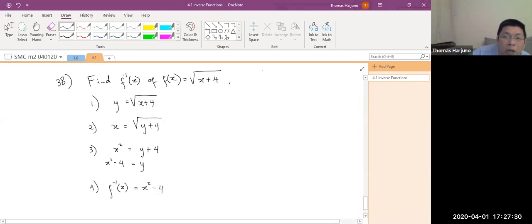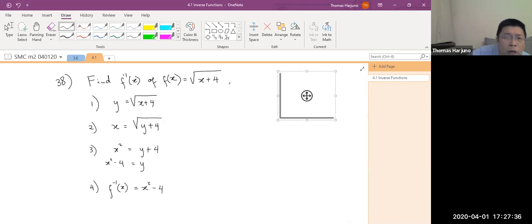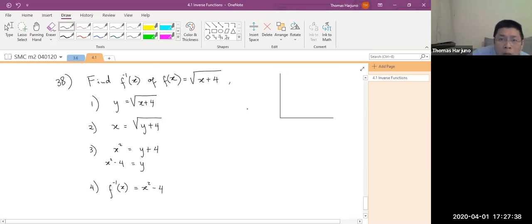We know that the graph of x squared minus 4 looks like this, and the vertex is (0, negative 4), right?